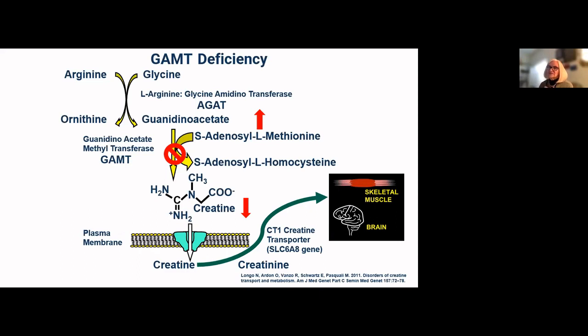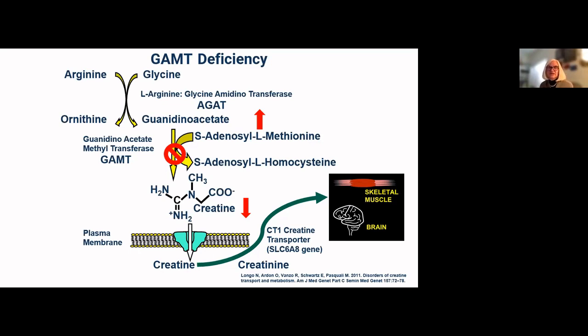So, but now let's talk a little bit more about GAMT deficiency, which is the topic of today's presentation. As I said, the enzyme GAMT, guanidinoacetate methyltransferase, catalyzes the second step of the synthesis of creatine.